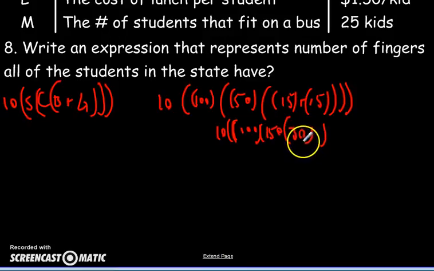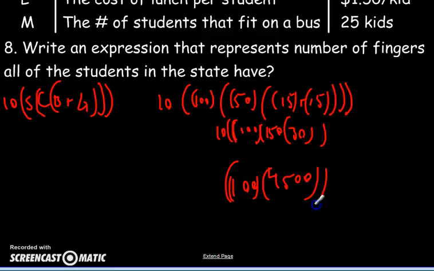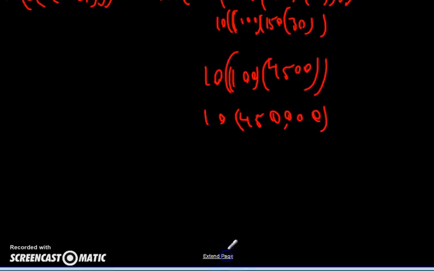That's 15 times 30, so that's 4,500. And that's 45, moving 2 more zeros. We're multiplying by that 100, so that's 450,000 times 10 is 4,500,000 fingers of the kids in the state.